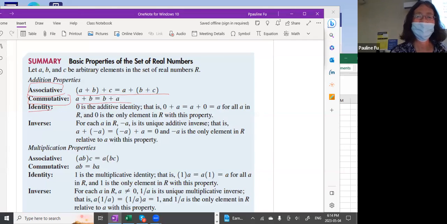Identity: 0 plus anything equals anything plus 0. Inverse: I give you an example. The number 2, what is the inverse of number 2? It is -2. And what is the inverse of -3? It is 3. That is inverse.